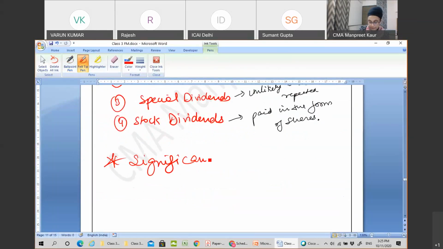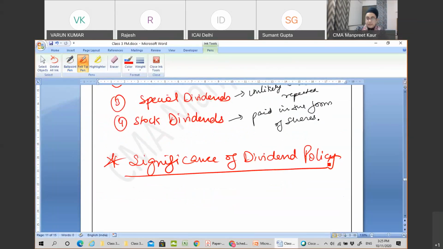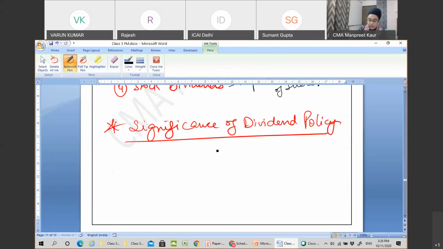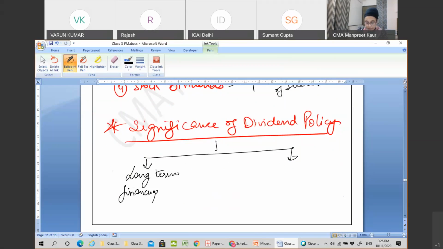Significance of dividend policy is in two terms. First is long-term financing decisions, that is the equity. हमें पता होना चाहिए कि हम लोग कितना हमारा लॉन्ग टर्म फाइनेंसिंग डिसीजंस है इन फॉर्म ऑफ इक्विटी, तभी हम लोग डिविडेंड पॉलिसी को प्रिपेयर कर सकते हैं, उसका वो रोल है.